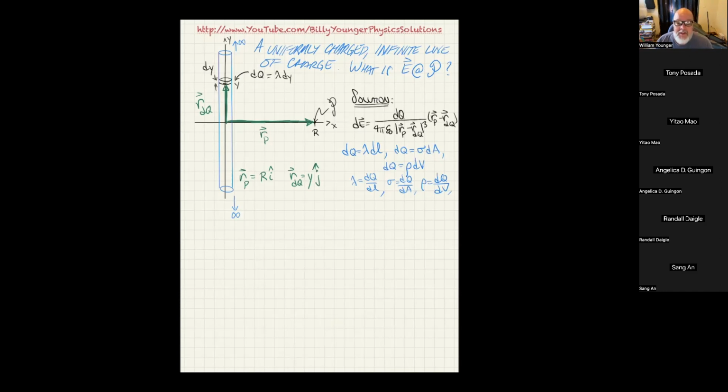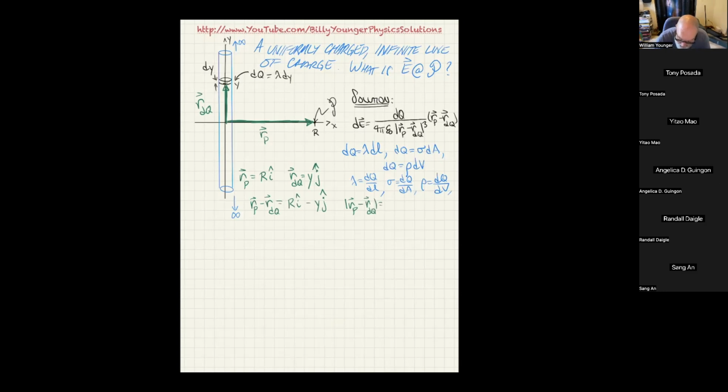The last thing I've got to calculate is rp minus rdq and the magnitude of it. So rp minus rdq is the vector that we want. That's really easy. It's just r i hat minus y j hat. So I've got that vector. Now all I need is the magnitude of that vector. Hopefully y'all can quickly figure that out, but let me draw it just in case.